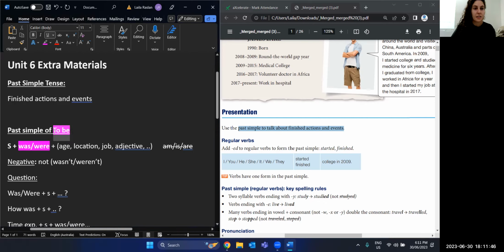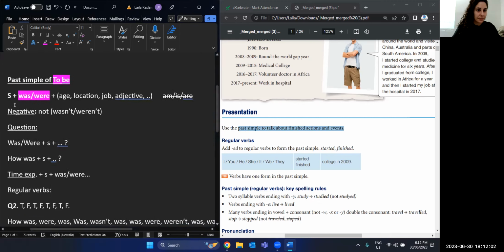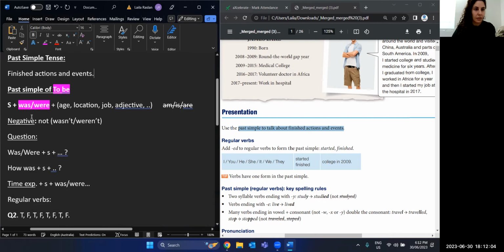And one of the first verbs that we learn is to be. To put that one in the past, it's was or were. But then when we have regular ones, so let's add here regular verbs. We just add the ED.